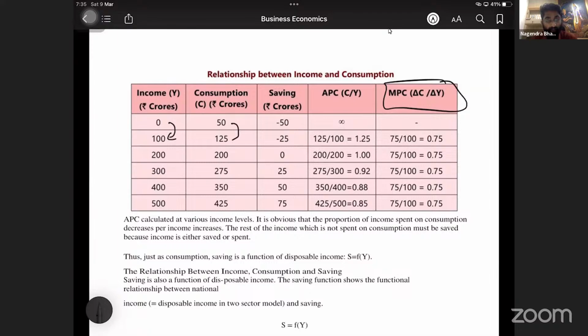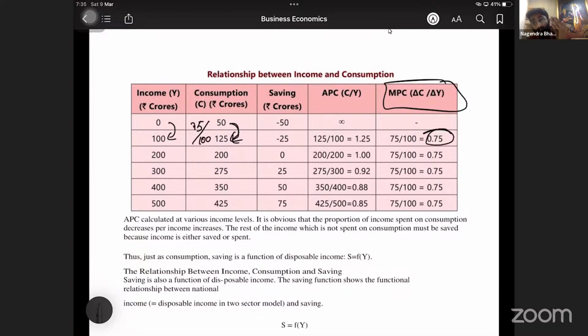That means 75 rupees is the change. I'm not talking about percentage change. What is the change in consumption? 75 rupees. 75 divided by 100. What is the answer? 0.75.